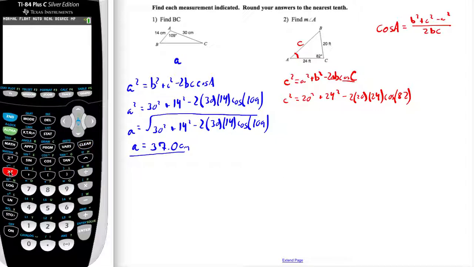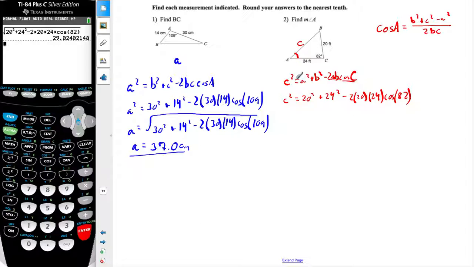So remember, I'm going to do the square root because if that all solves for C squared, I want C. Plus 24 squared minus 2 times 20 times 24 times cosine of 82. And that's going to give us 29. So again, if we're rounding to the nearest tenth, we're going to say 29. So C is 29.